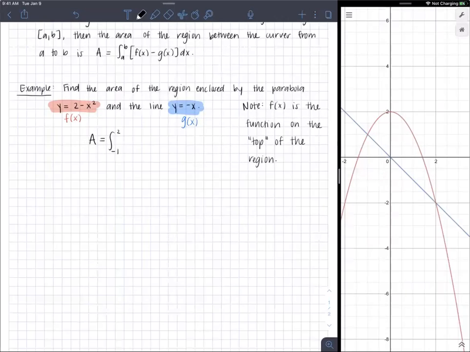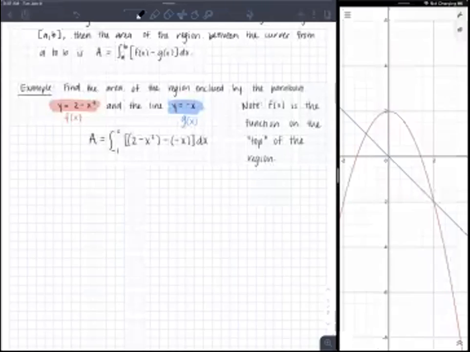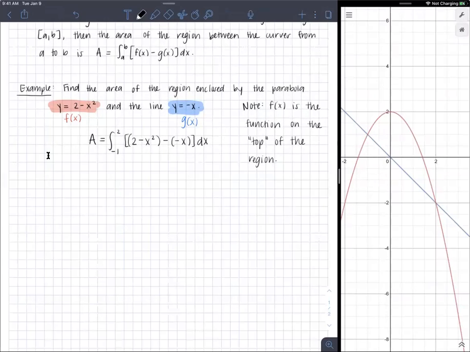And so when we find this integral, we're going to have the integral of 2 minus x squared minus negative x dx, so f of x minus g of x. When you simplify this, the antiderivative of 2 is 2x. The antiderivative of negative x squared is minus 1/3 x cubed.